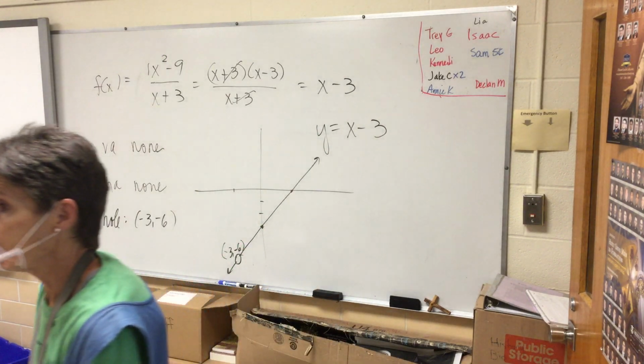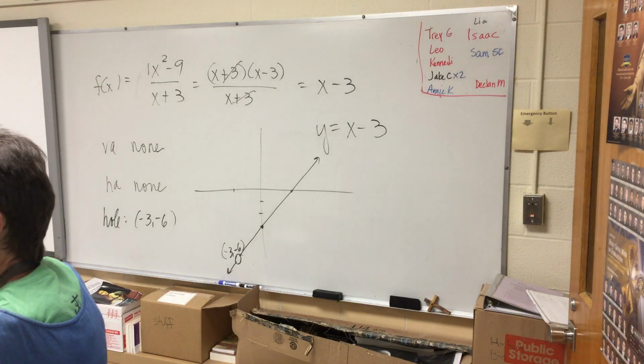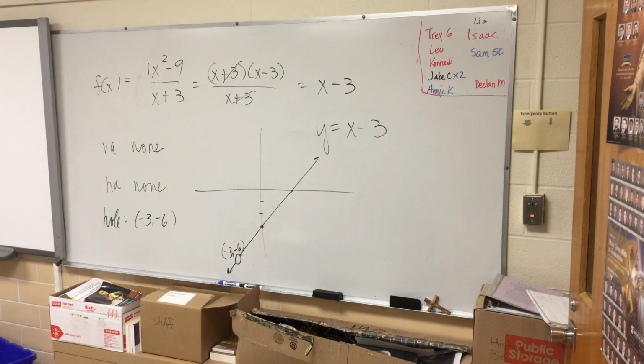Quick recap, we got one more problem to go. Vertical asymptotes are cannot be's, right? What x cannot be ever. Horizontal asymptotes come from comparing your x's in the top and the bottom of a fraction. Where do holes come from? Canceling something out of the denominator.